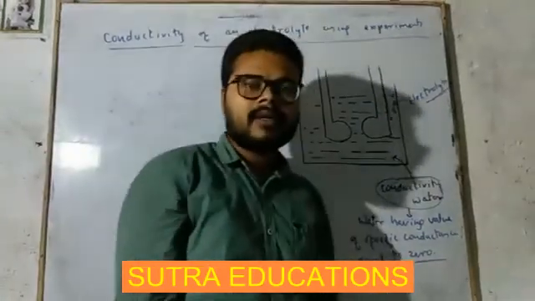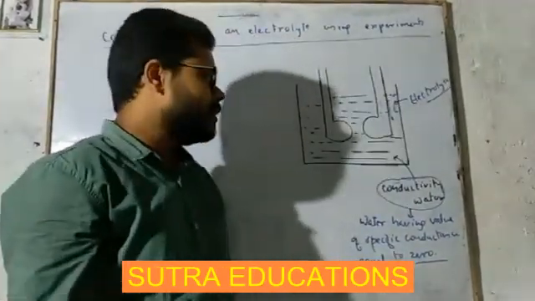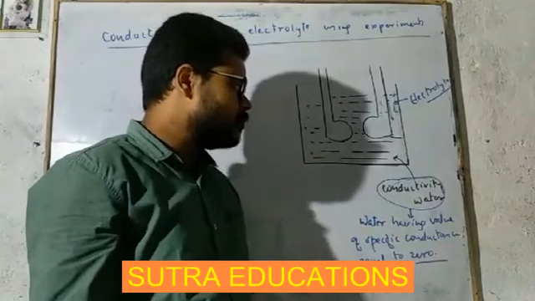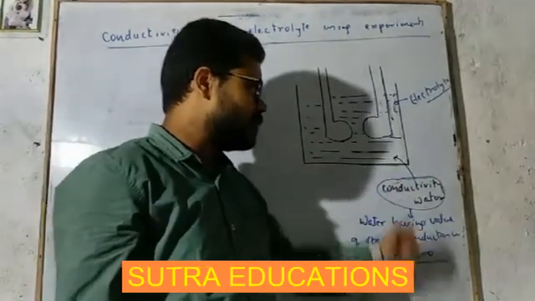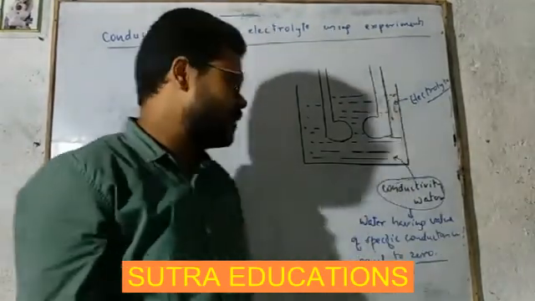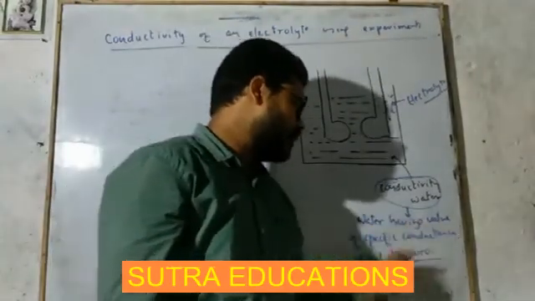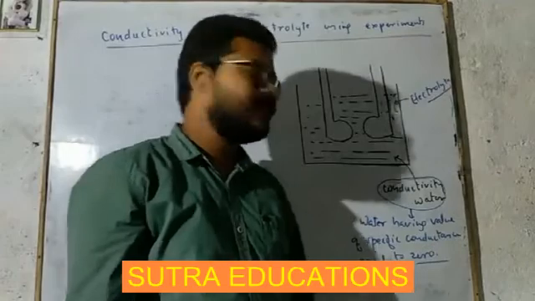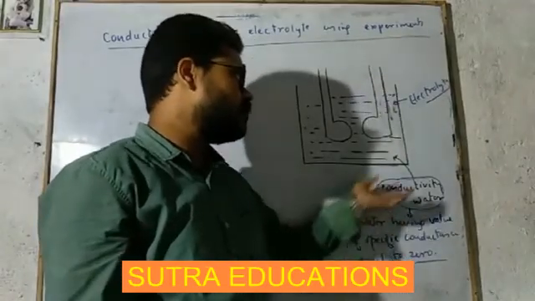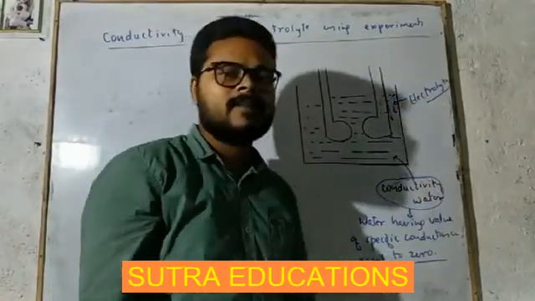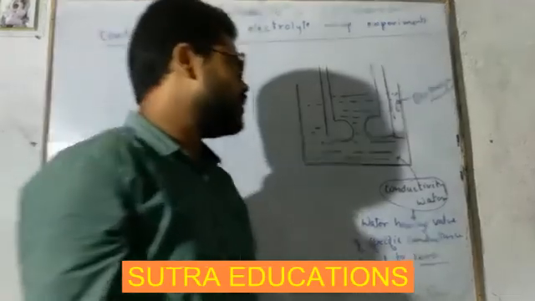So we will not get the correct result, and to avoid this we use conductivity water, so that its specific conductance is not going to add with the specific conductance of the electrolyte.